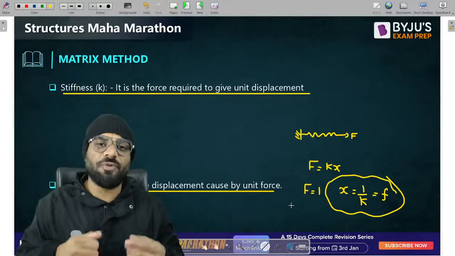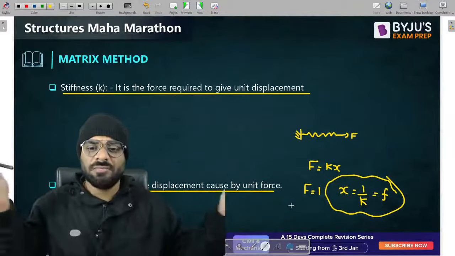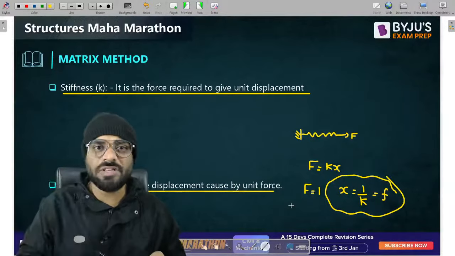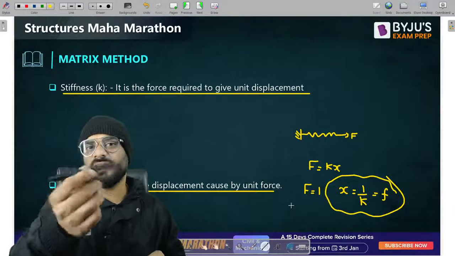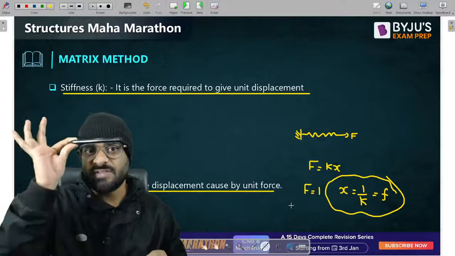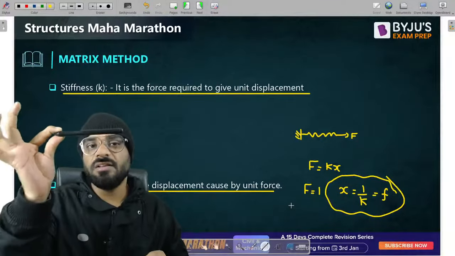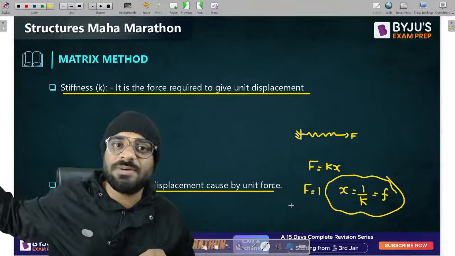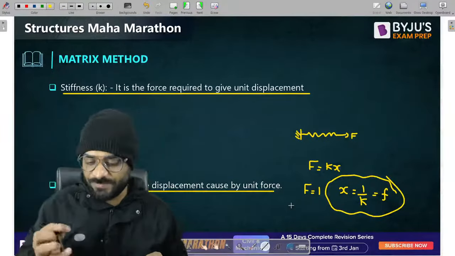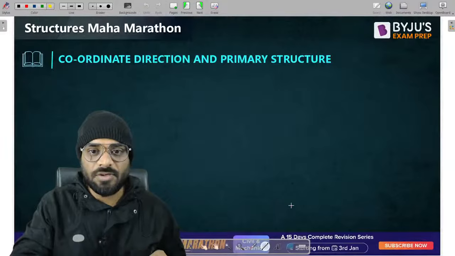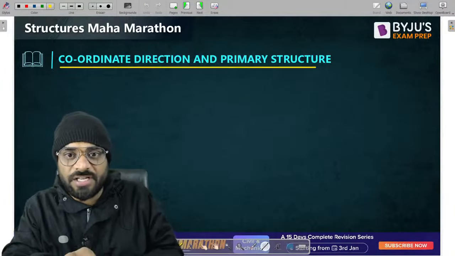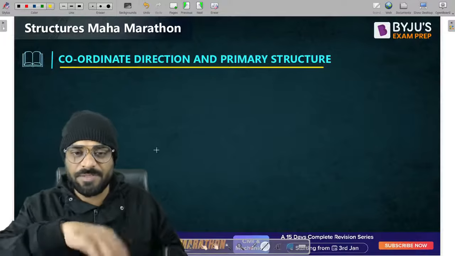If you give unit force, it may have more displacement, but this pen will have very little displacement. So this is stiffer, with less flexibility, but that rubber band is more flexible, with less stiffness. Clear? Okay.